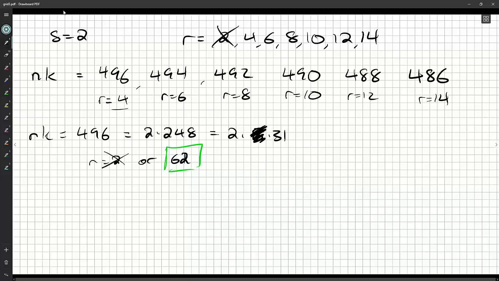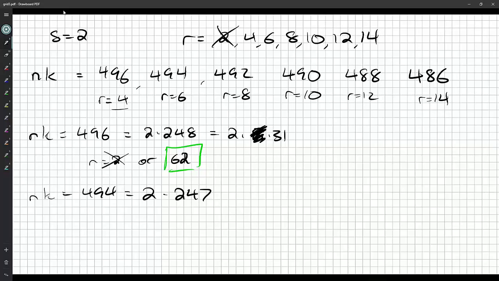How about 494? So again, we need to keep a remainder. So that'll be 2, 2, 4, 7. I can't remember if that's prime. I don't think it is. Just checking it on my calculator. I need to go up to divisibility by 13 is something that needs to be checked.